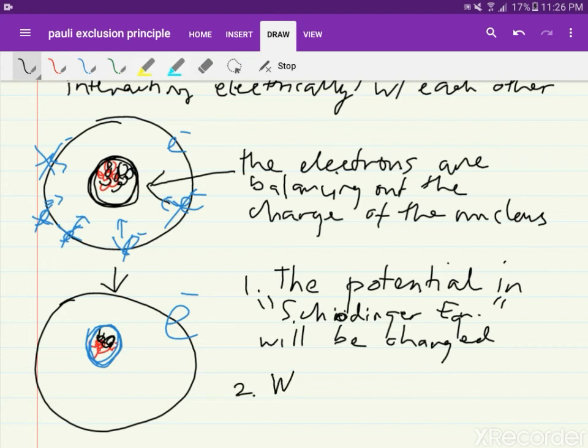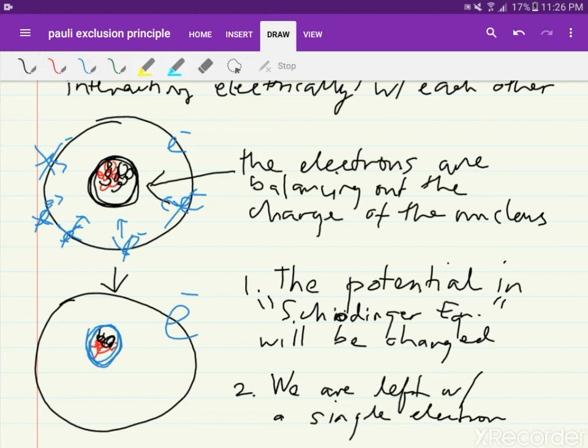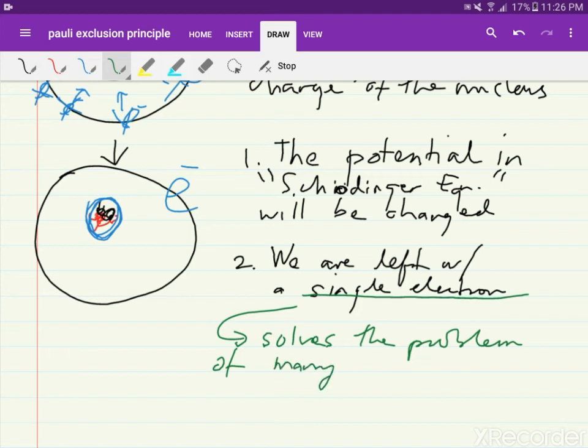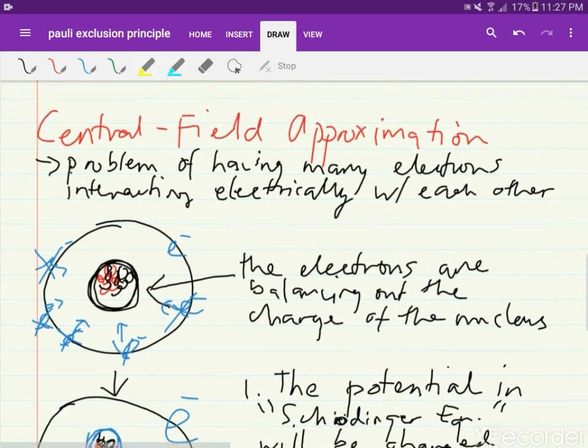Second is that we are left with a single electron. When we are left with a single electron, this solves the problem of many electrons repelling each other. So this is the central field approximation.